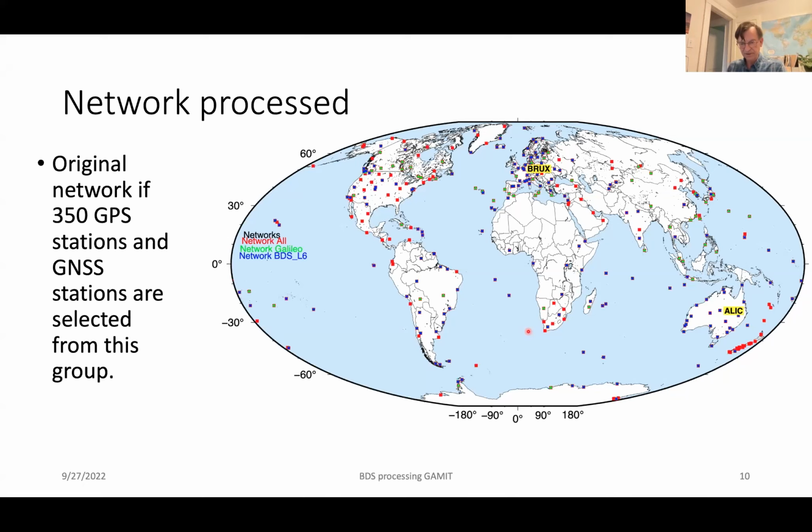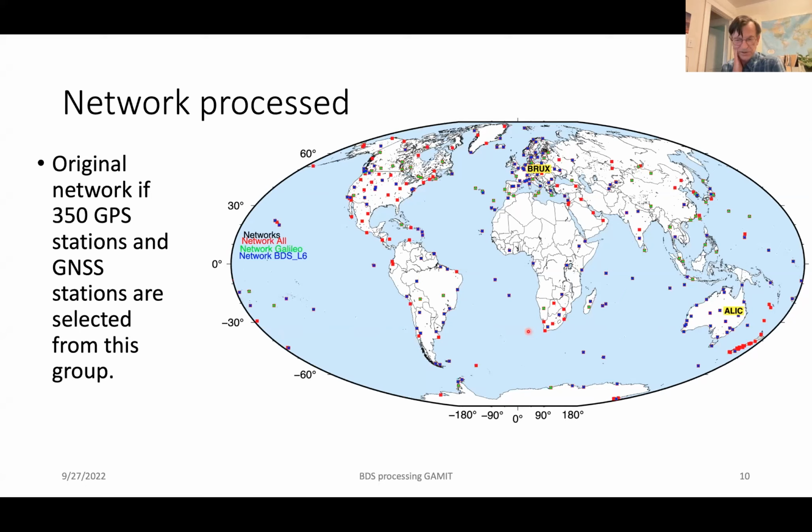The next question was about the PCVs. We do have phase center variations for all the constellations except BDS, which have 0 in them at the moment for the nadir dependence.